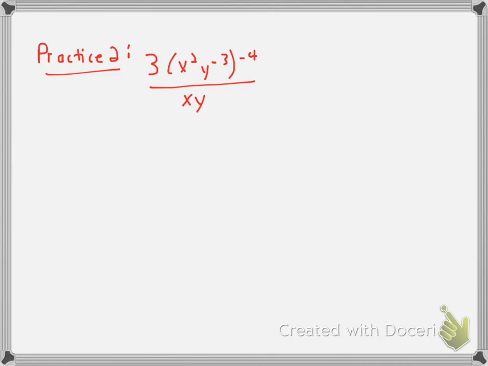Okay, any suggestions for how to start this one? Distribute what? The exponent. Okay, good. So we can take this negative 4 and we can distribute to the exponents inside. We would have 3, and then we would have x to what power? To the 6th?